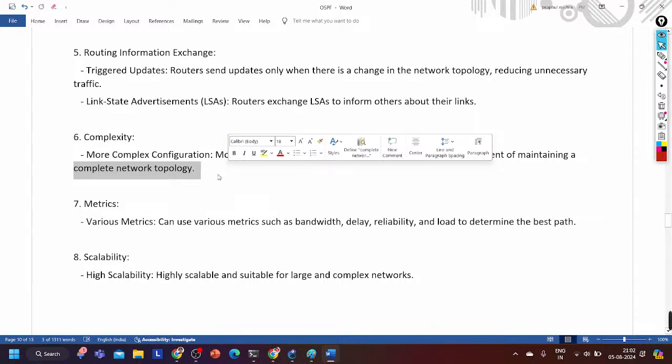So let's suppose I'm talking about an XYZ corporate network. In their XYZ corporate network, there are 1000 routers, right? So all routers are going to manage the same database. The database of all 1000 routers will be identical, the same, right?